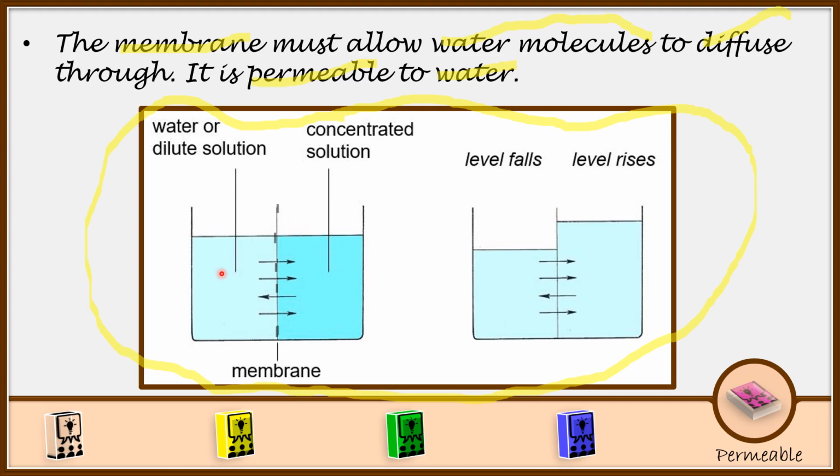This water this side is a dilute solution, and this water this side is a concentrated solution, separated by a membrane. This membrane is permeable to water, meaning that it can allow water to move from this side going this side. At the same time, it is allowing water to move this side going this side. So it is permeable. It allows water molecules to diffuse through it.